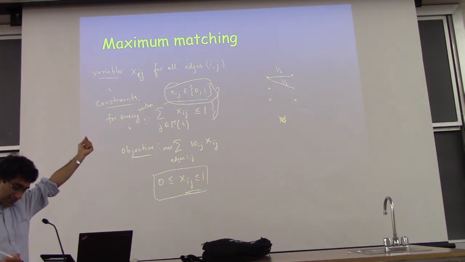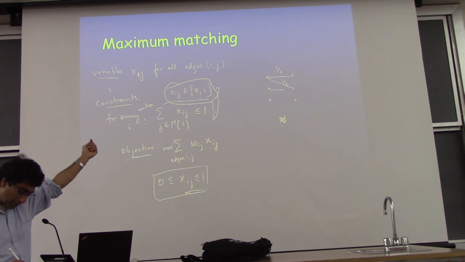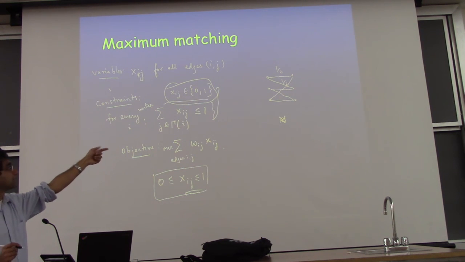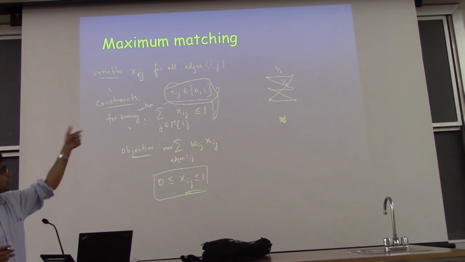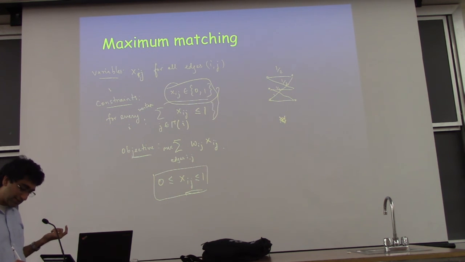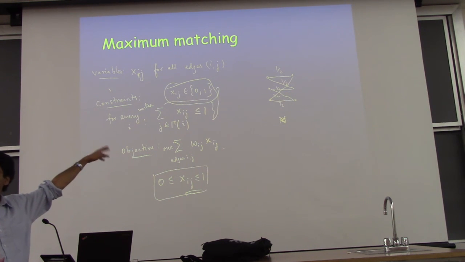And you could have the same thing going on with this, and maybe the same thing with these two, right? So you could just have half-half for all these edges. And this solution is clearly not a matching, right? Because matching requires only one edge to be picked. But this is what's called a fractional matching. It still satisfies all these linear constraints. It's just not a true matching.